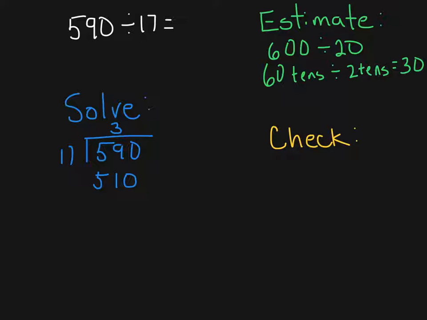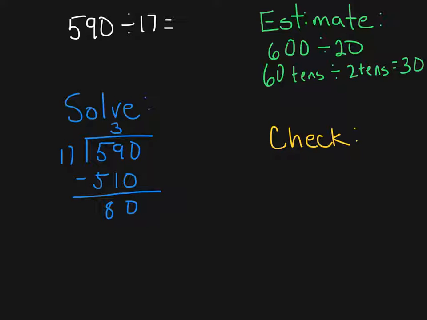So now I'm going to subtract, and 0 minus 0 is 0, 9 minus 1 is 8, and 5 minus 5 is 0, and I'm not going to put that 0 now. So here's where it gets tricky if you use my method of putting the zeros down in the ones place.